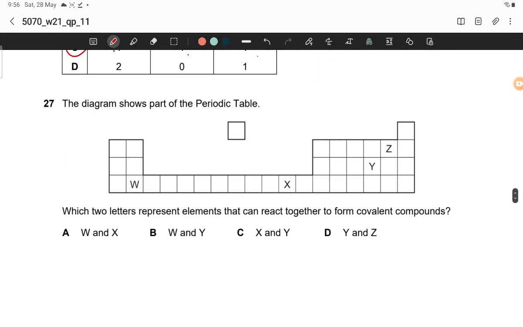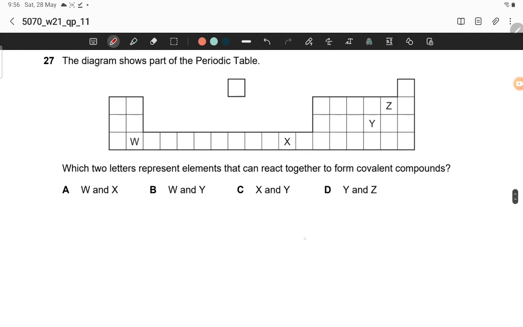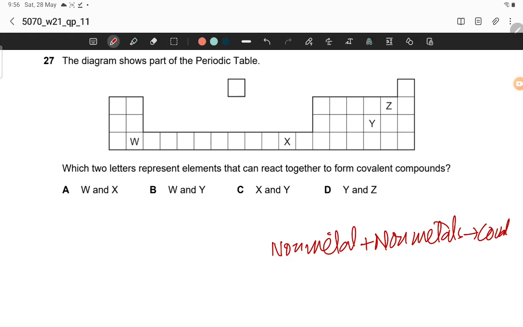The diagram shows part of the periodic table. Which 2 letters represent elements that can react together to form covalent compounds? Covalent compounds form from non-metals plus non-metals because they share pairs of electrons.